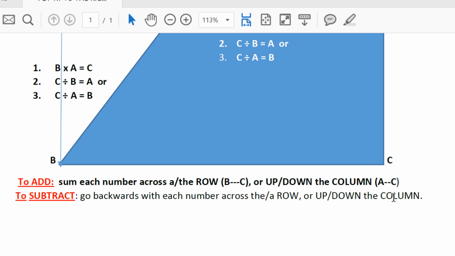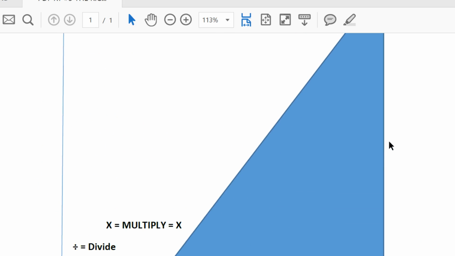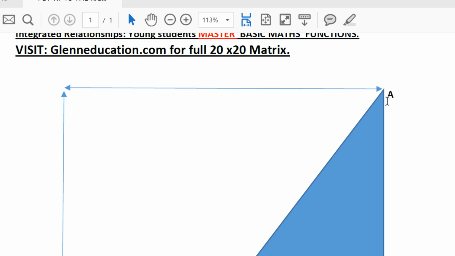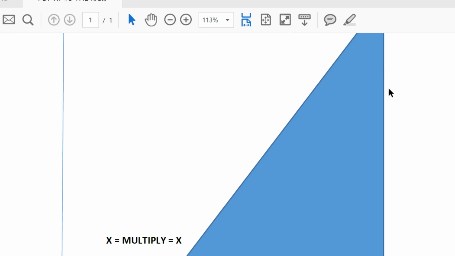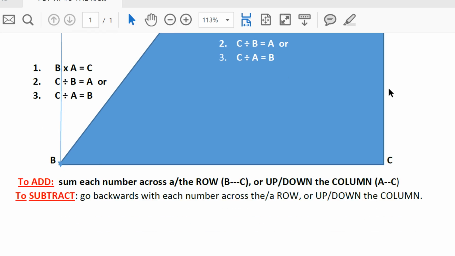If you want to subtract, you go in the opposite direction. Start with the number in the column, or from the top down, in a straight line, you follow the right triangle, and you just move backwards.